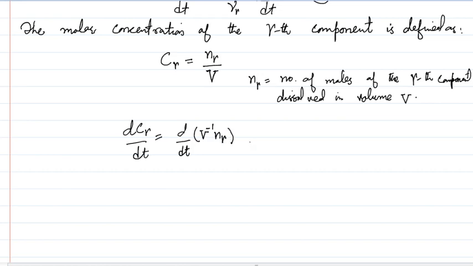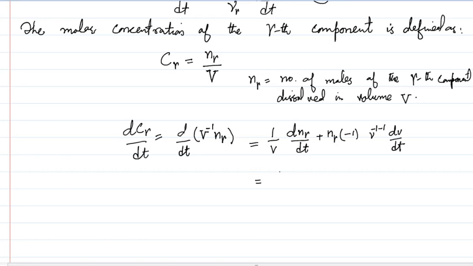So we can simply solve this. First, if we take it as a product, it will be 1 upon V and differentiation of the first function with respect to time, and then plus n gamma, and from differentiation of V raised to the power minus 1 we can take the minus 1 here and write V raised to the power minus 1 and differential of the function.